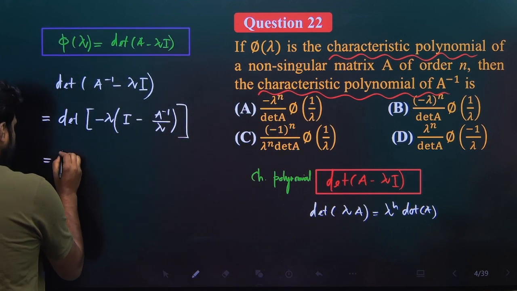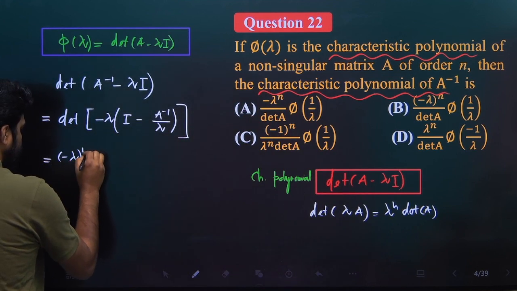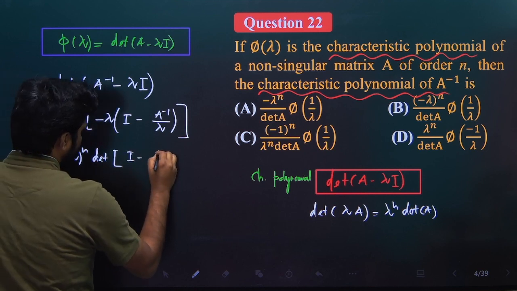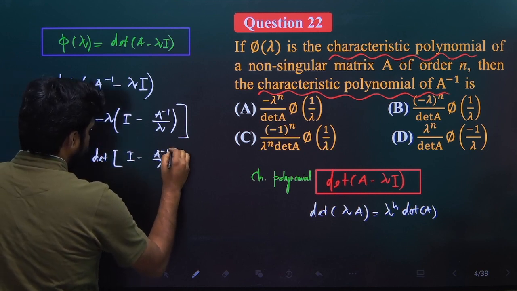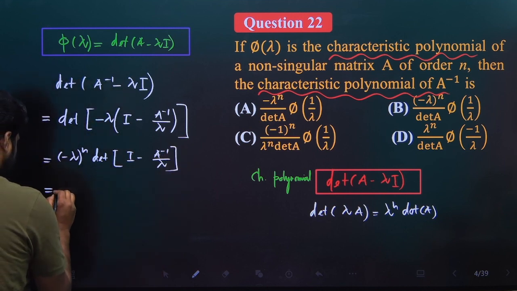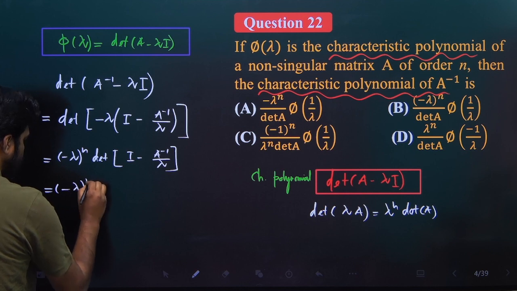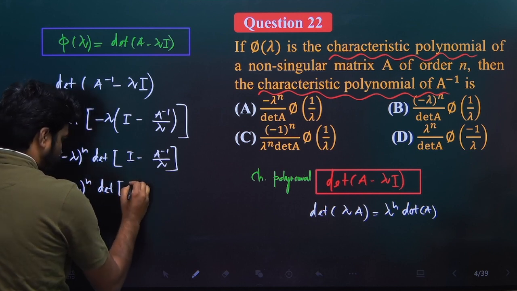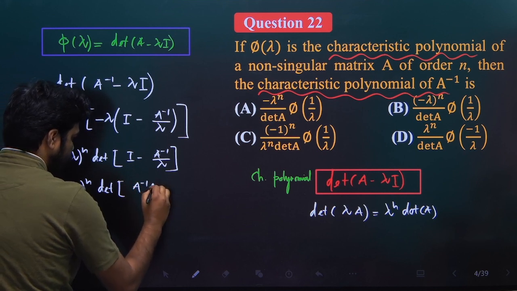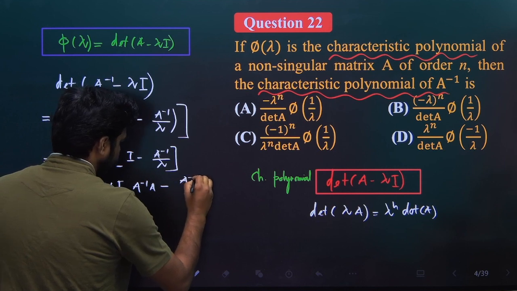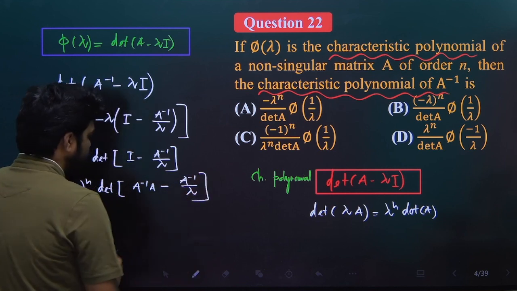So this will be minus lambda to the power n, determinant of I minus A inverse by lambda, right? So this equals minus lambda to the power n. I can write I as A inverse into A, so A into A inverse is I minus A inverse by lambda.